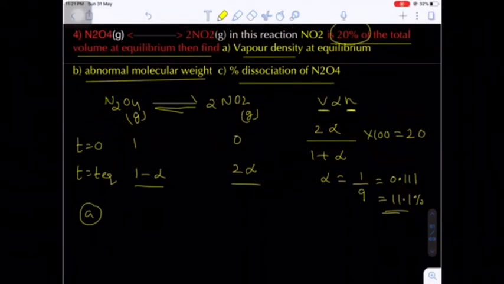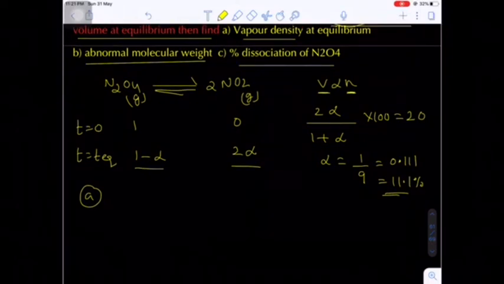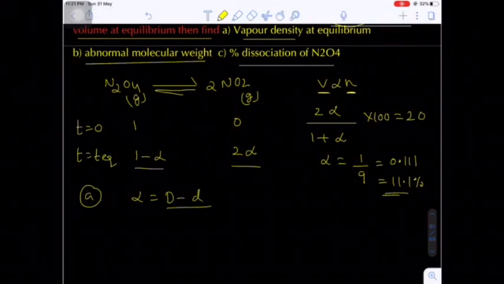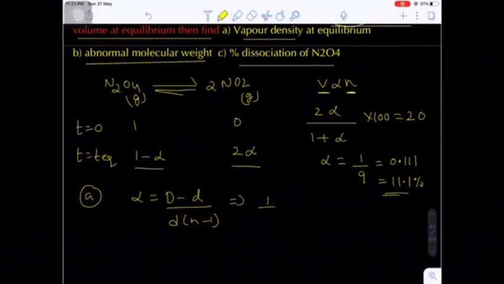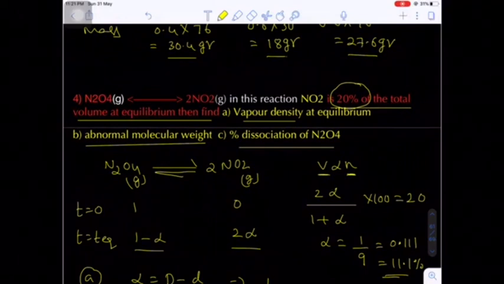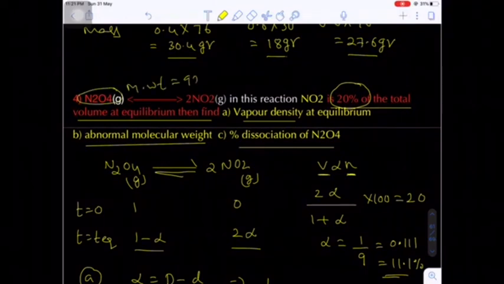Okay, now come to the first problem. What is the first problem here? Vapor density. We know alpha is equal to capital D minus small d divided by small d into n minus 1. What is alpha? 1 upon 9. Capital D value, what is the initial molar mass of N2O4? N2O4 molecular weight will be 92.